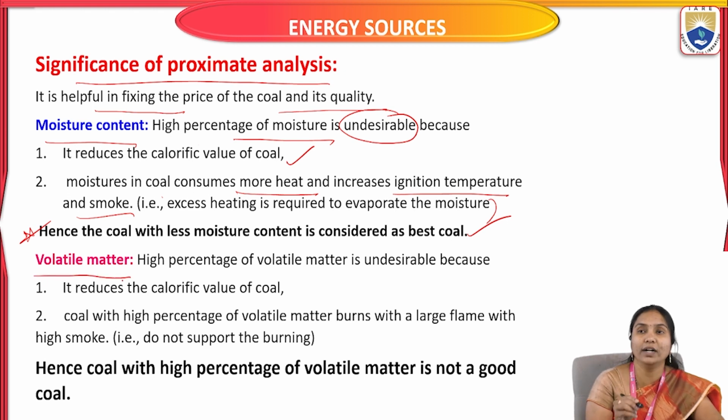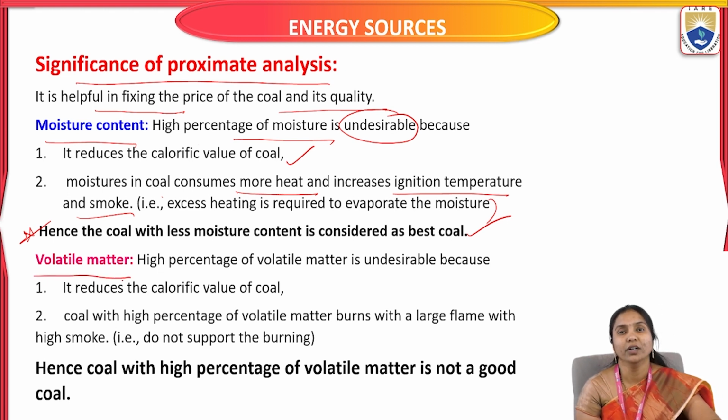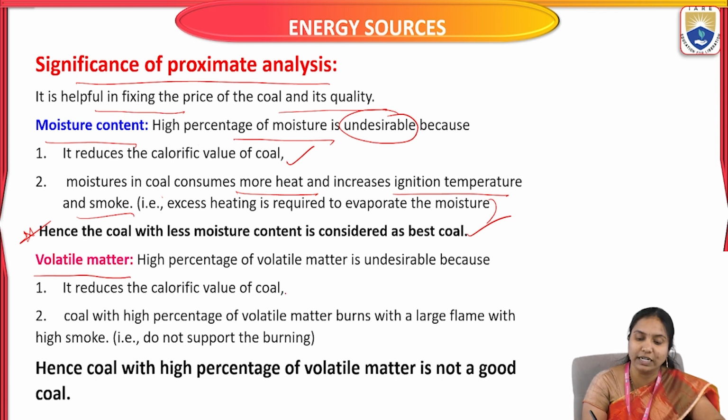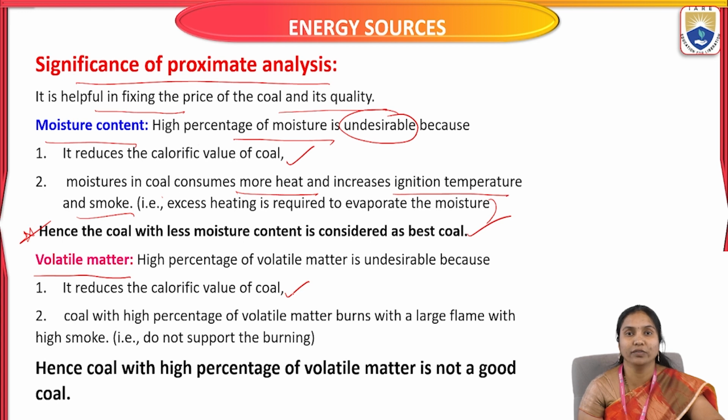And next one is volatile matter. A high percentage of volatile matter is undesirable because it also reduces the calorific value of the coal.